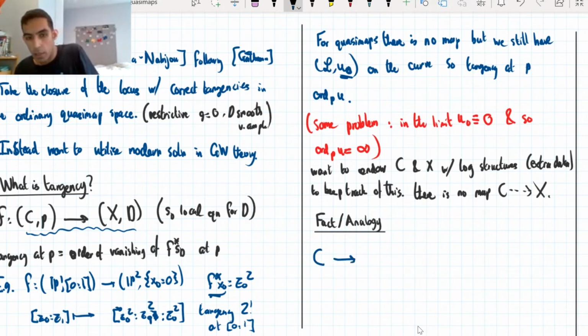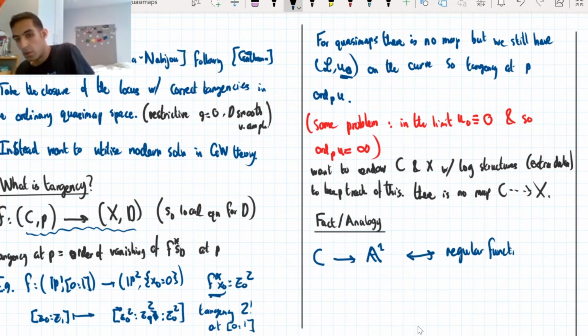A map from a curve to A1 is, by definition, the same thing as a regular function on the curve. Okay, and we don't have a regular function. What do we have? We have a kind of line bundle and section.